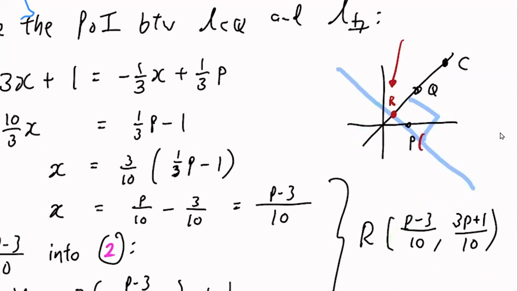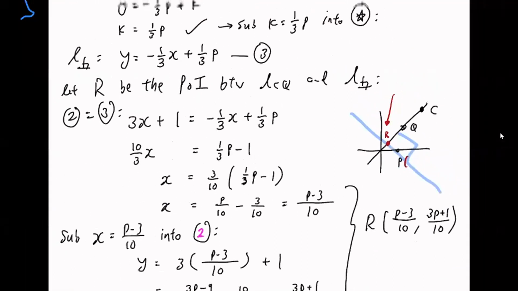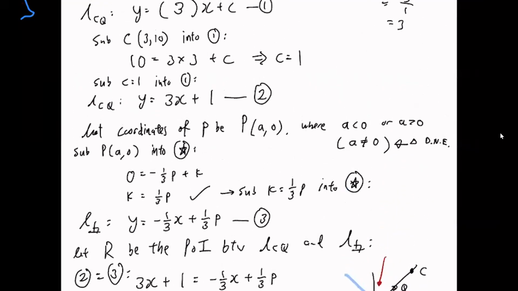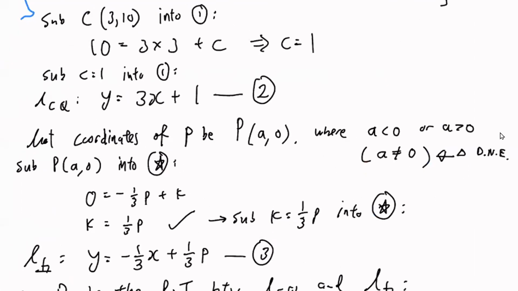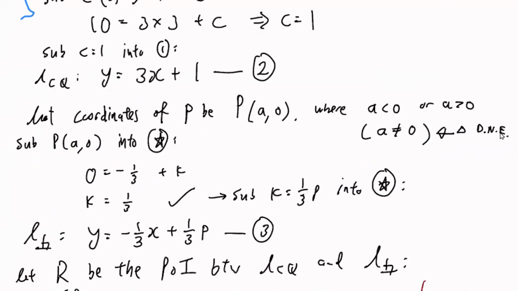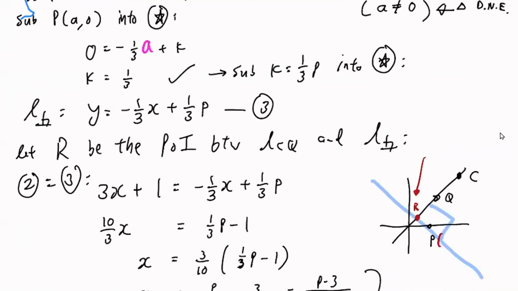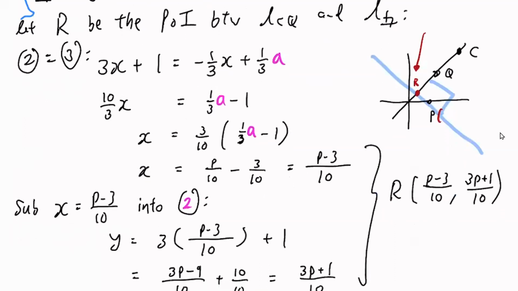And P is what? Wait a minute, let me think a bit. Oh my goodness, what am I doing? Sorry. The coordinates of point capital P is a comma 0, but I subbed in a little p here. Let me change all the p's to a's.